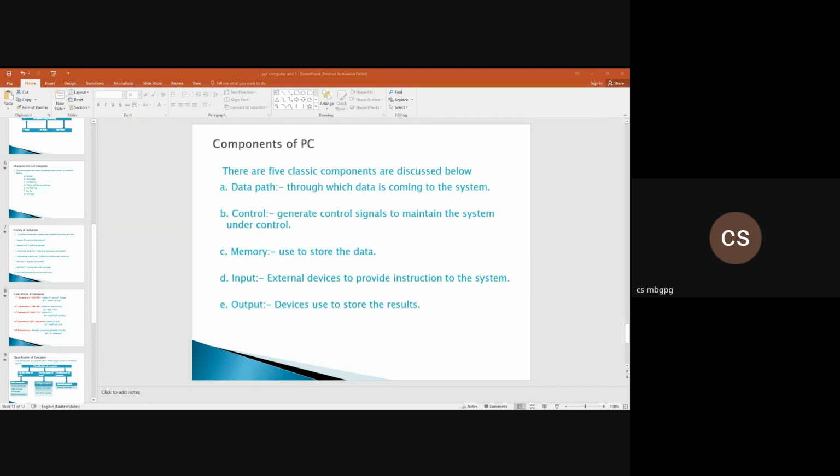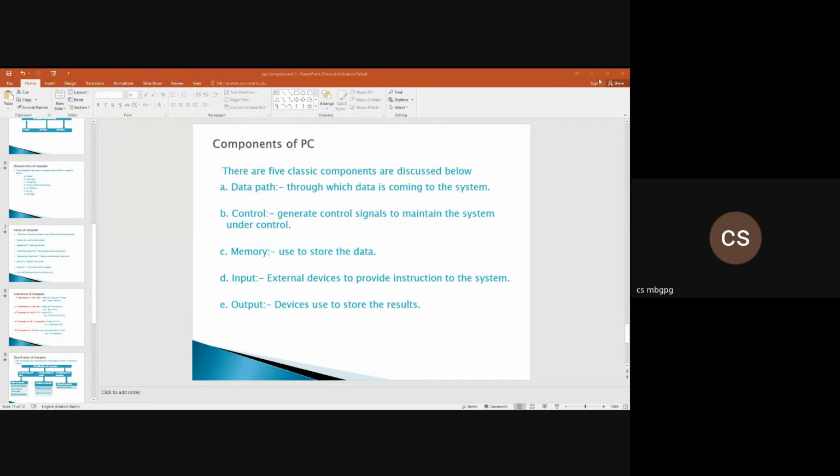What are the components of the computer systems? All have the same answer. This is the complete architecture: one input device, some output devices, memory units.